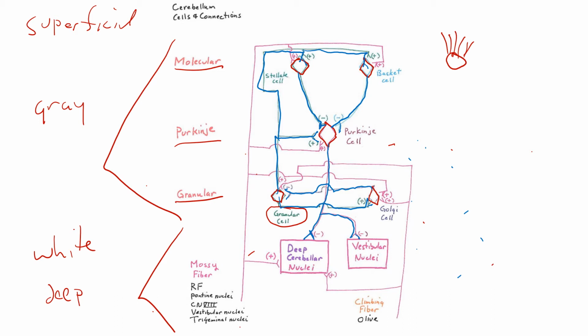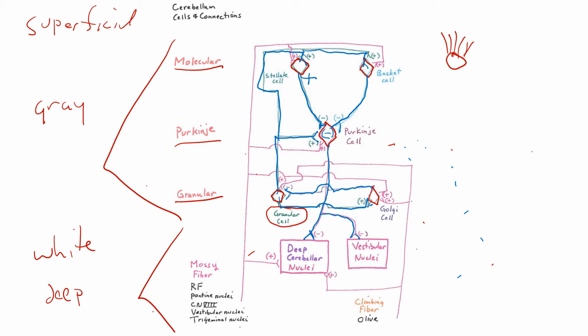Notice also that the granular cells can be excitatory to any of the other cells: stellate cells, basket cells, and Purkinje cells. And so the way that this works, and again, I'm making a long story very short, is that if I stimulate a stellate cell, that stimulation is going to have an inhibitory effect on this Purkinje cell.